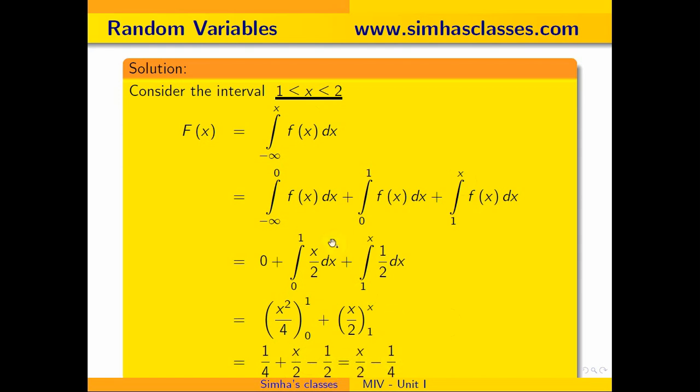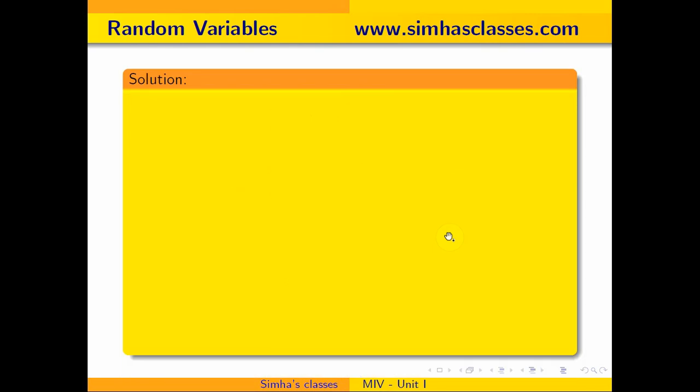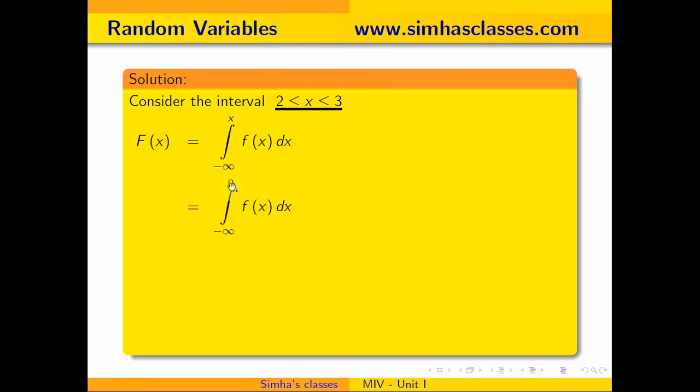The important thing that you must know is which interval you are taking. You are going to integrate up to x in that interval, starting from minus infinity. That is the most important thing. Next, consider the interval 2 to 3. You will write minus infinity to 0, and 0 to 1, and 1 to 2.